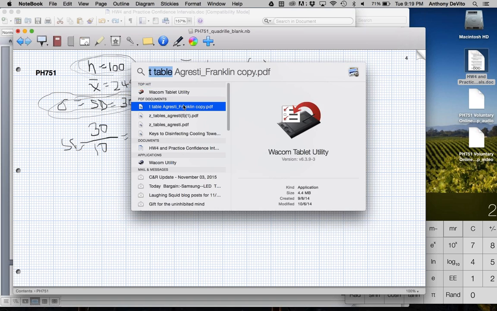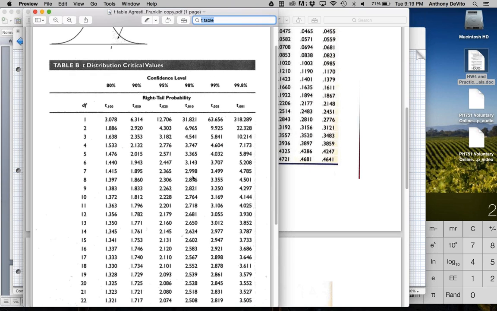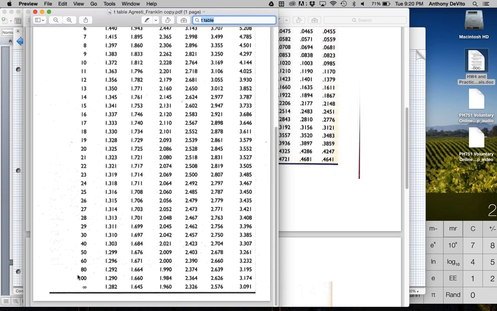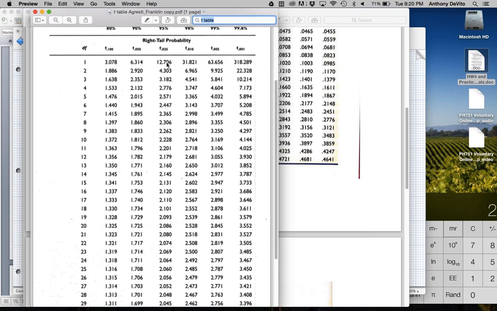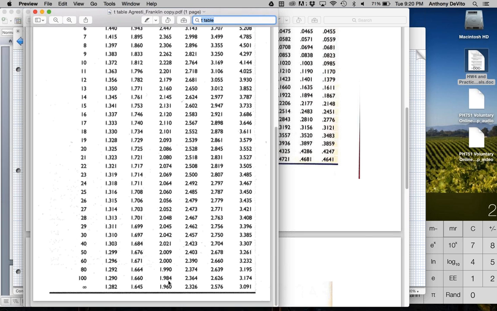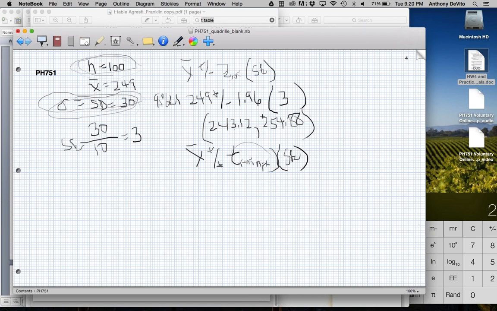Okay, let's get our t-table. So we got our t-table. Let's go to 99. Well, the closest I've got is 100. The t-score I need to use for a 95% confidence interval, in other words 2.5% in either tail, would have to be a t-score of 1.984.